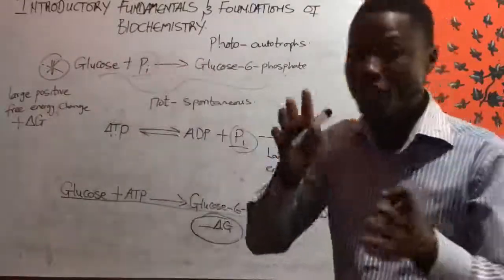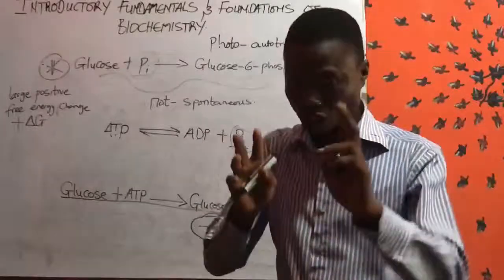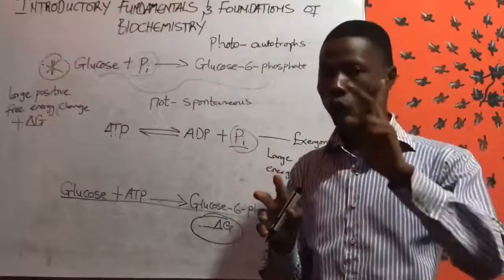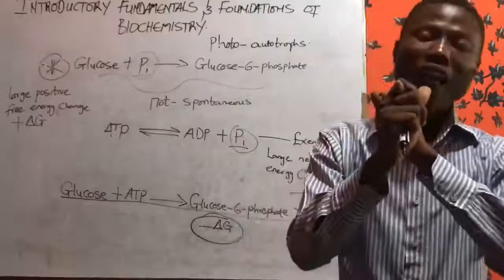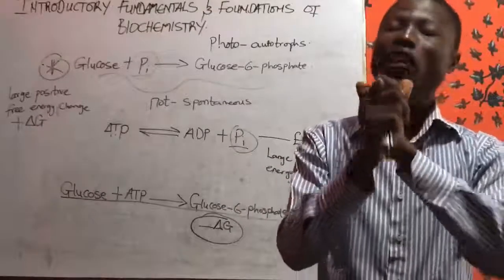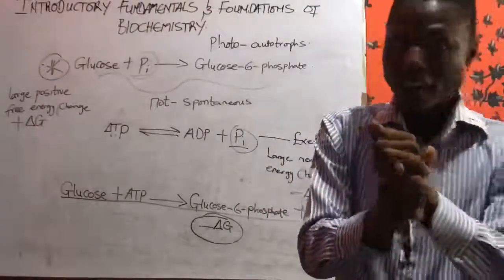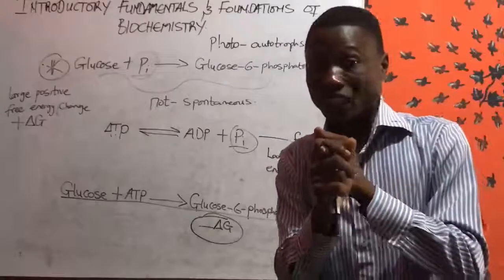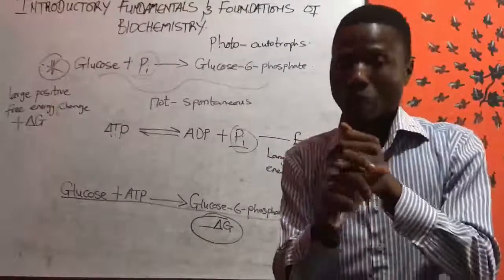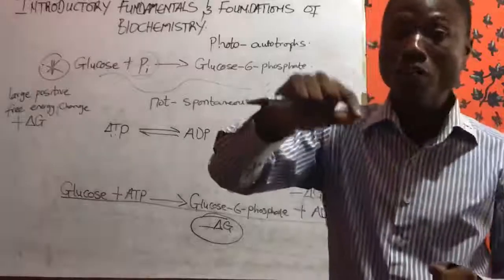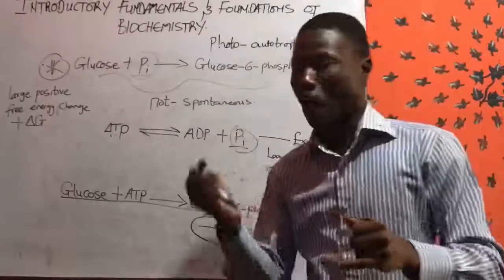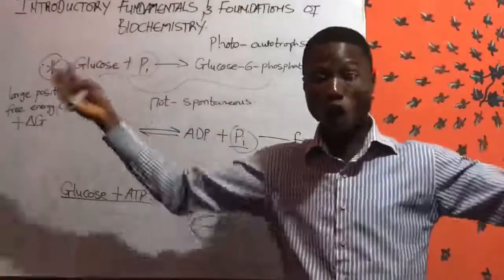But for it to be feasible, there are two things I want to achieve now. One, I want to achieve a reduction in entropy, a reduction in randomness, and at the same time I want my reaction to be feasible. It's just like I'm pursuing two things that are on opposite ends.